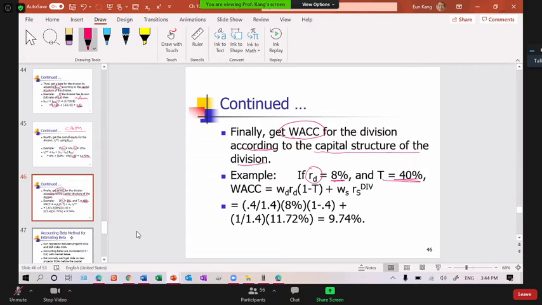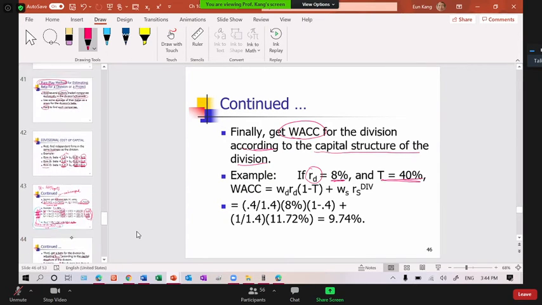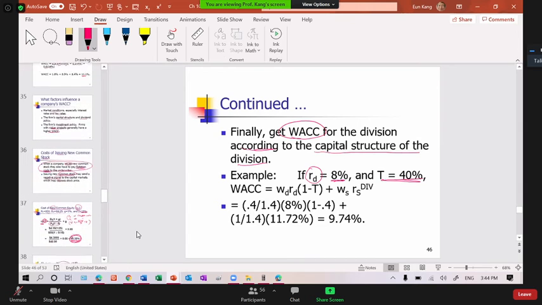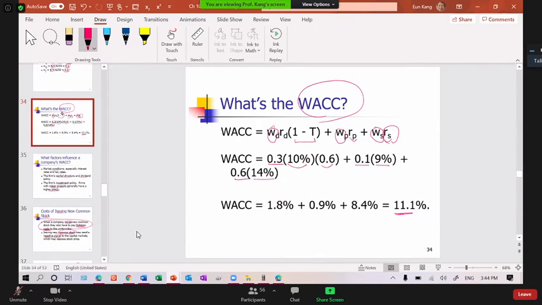WD times RD times (1 minus T) plus WS times RS. And that means they have no preferred stock, right? The WACC formula here is the general one. This one is there when you have preferred stock. If you don't have preferred stock, then WP is 0, no weight, so 0 times whatever is 0.